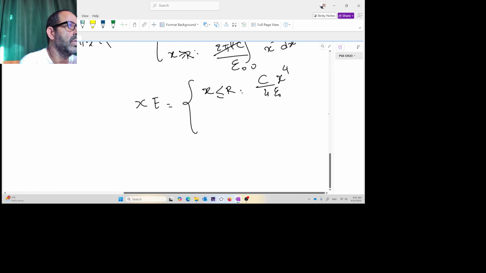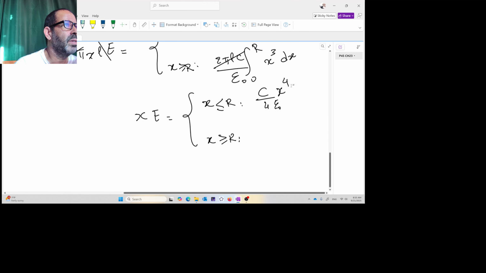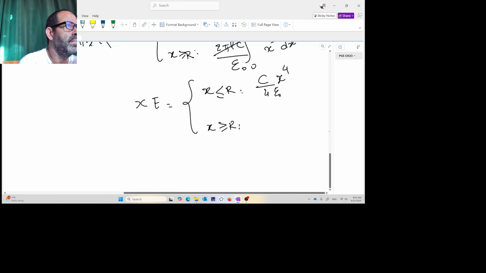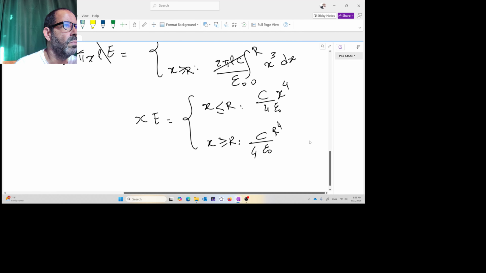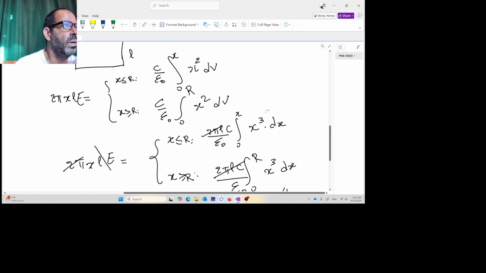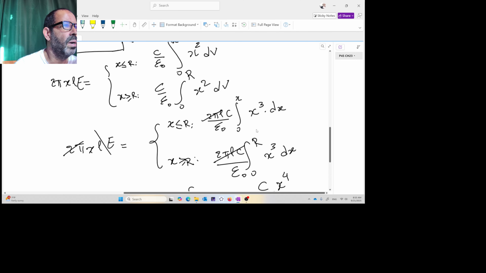And for x greater than or equal to r, it's going to be the same thing, except instead of x, we put the value of r. So it's going to be c over 4 epsilon naught times r to the power 4. Identical, except in here I have a bounded integral, and in here I have an unbounded integral.